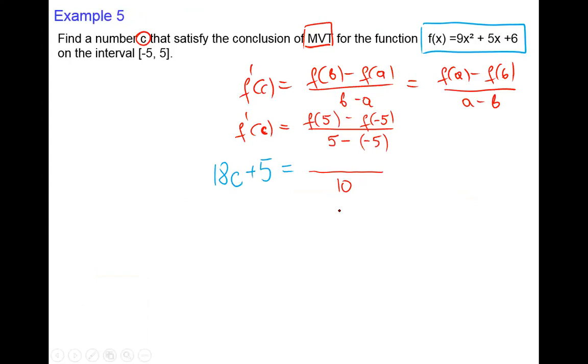I can do this, but now we need the value at 5. 9 times 5 squared plus 5 times 5 plus 6. 9 times 25 plus another 25 plus 6. So this is 9 times 25, and this is an additional 25.